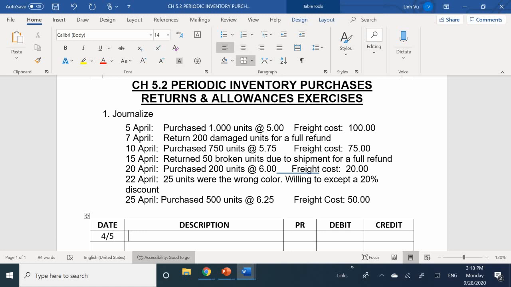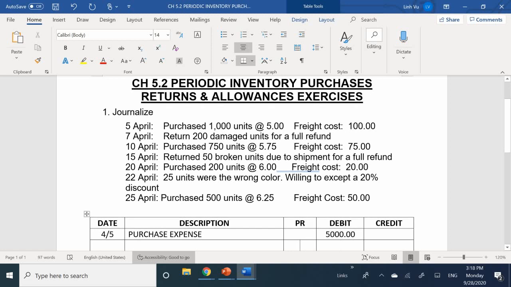The freight was $100. So, have the April 5th date, the purchase expense of 5,000 in the debit. Then you have freight expense of $100 in the debit.